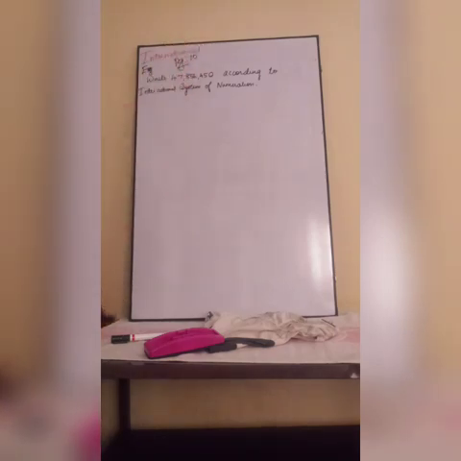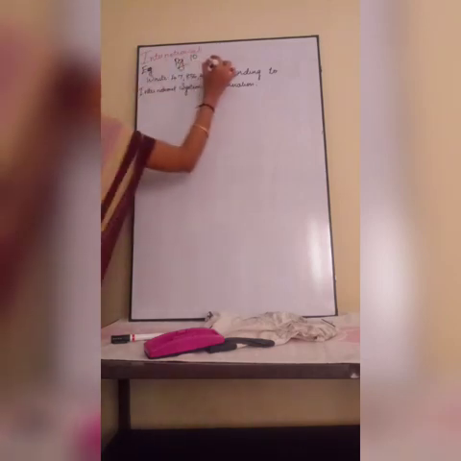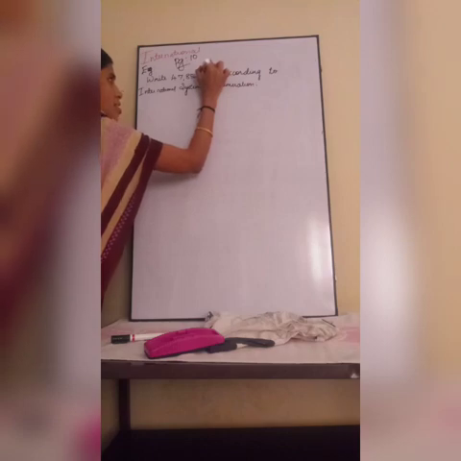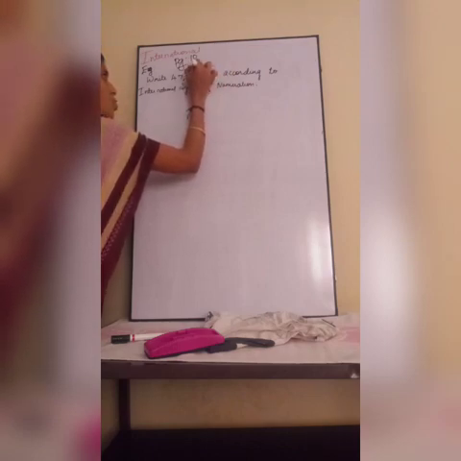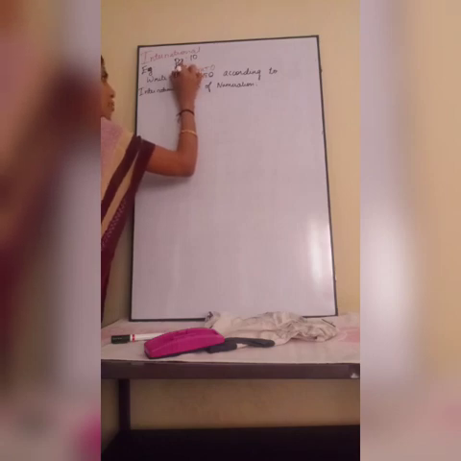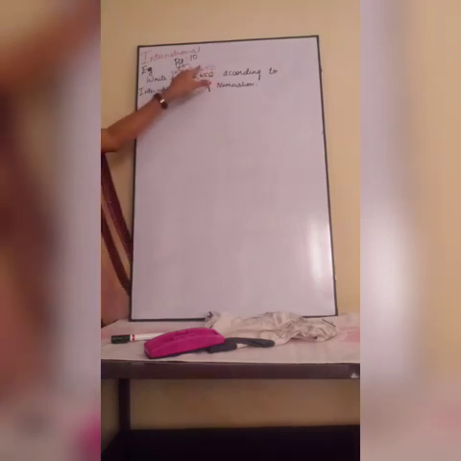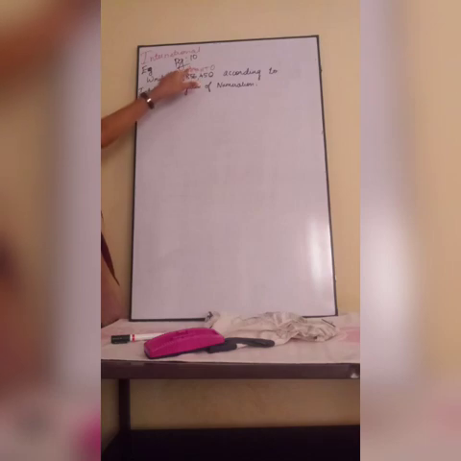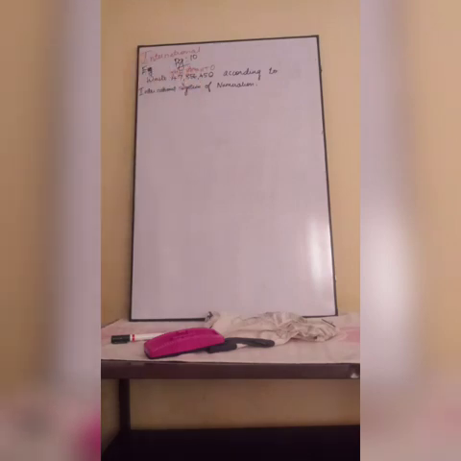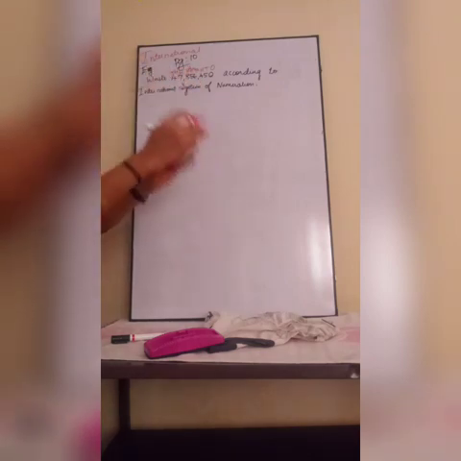So here they have given the number. So first what you will do, you will write the place values. Ones, tens, hundreds, 1,000, 10,000, 100,000, million, 10 million. Now I am going to write it in the number names.